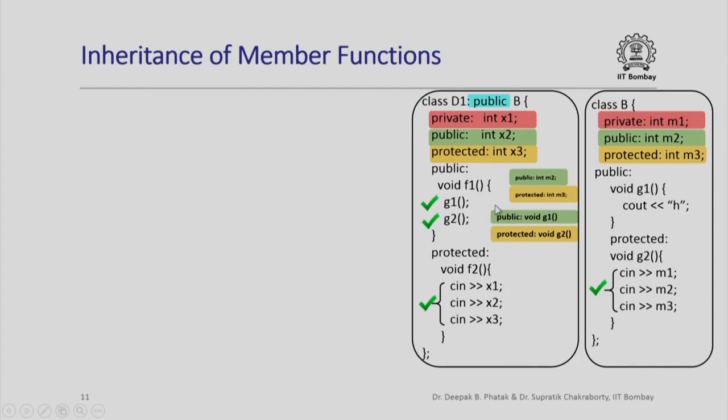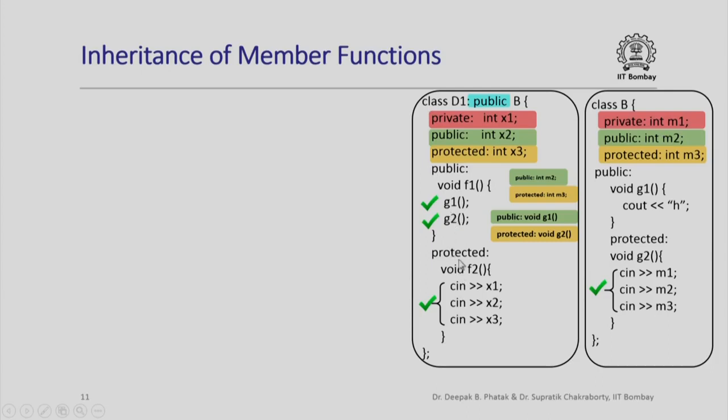So you see, the access control specifications of member functions G1 and G2 of the base class, their access control specifications in the derived class will follow exactly the same rules as we use to determine access control specifications of data members of the base class as seen in the derived class.